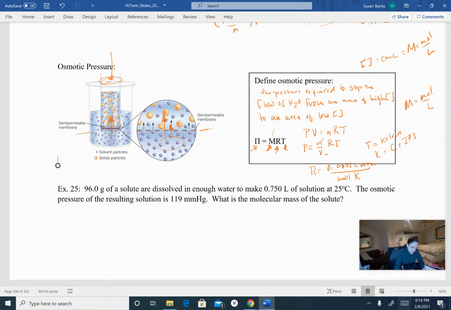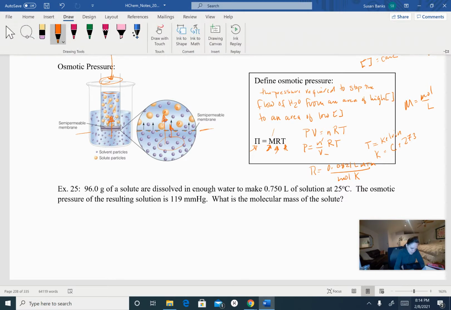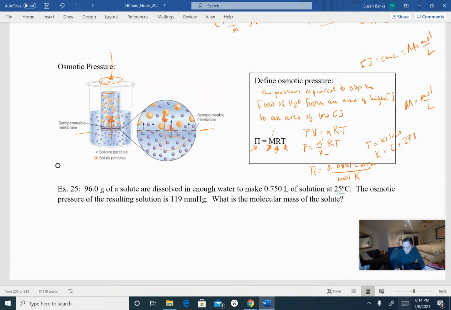First, we've got to get our temperature into Kelvin. So 25 degrees Celsius plus 273 gives us a temperature of 298 Kelvin.